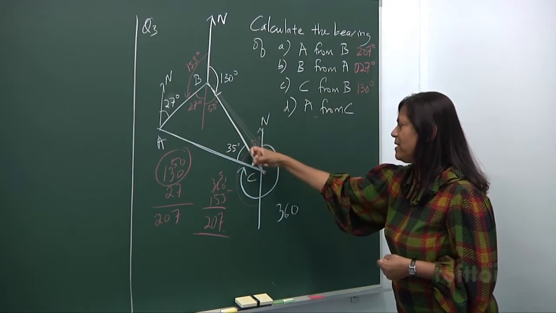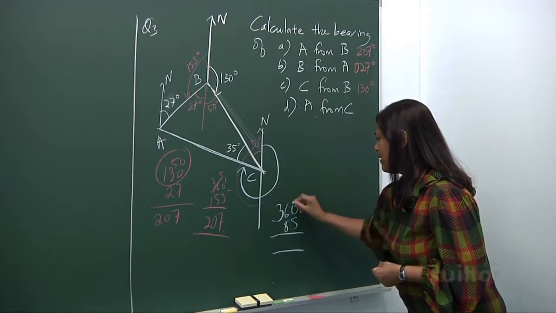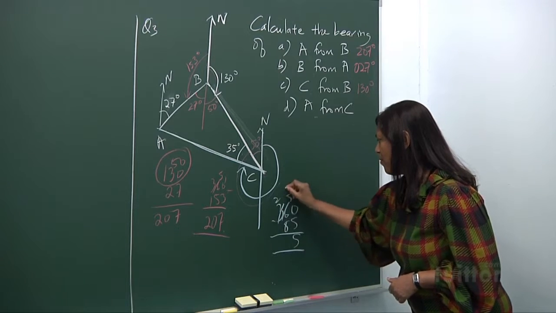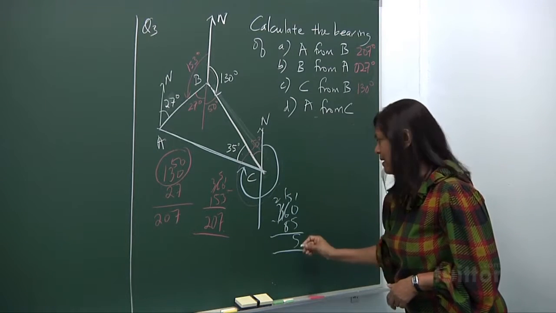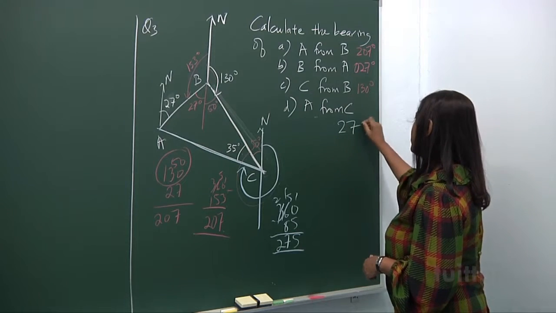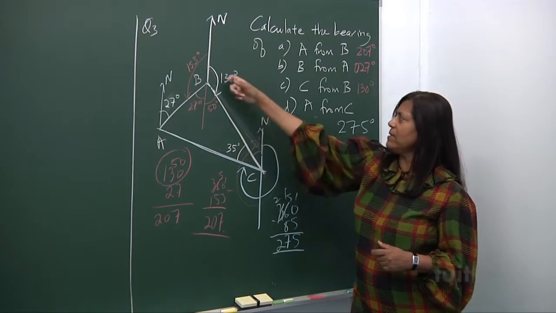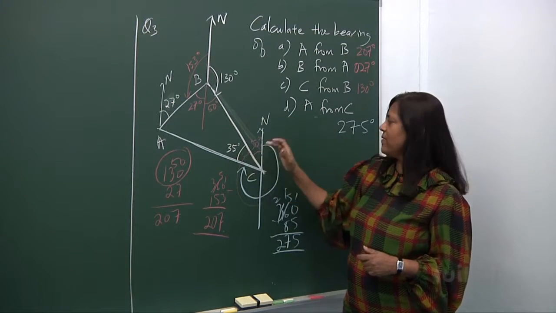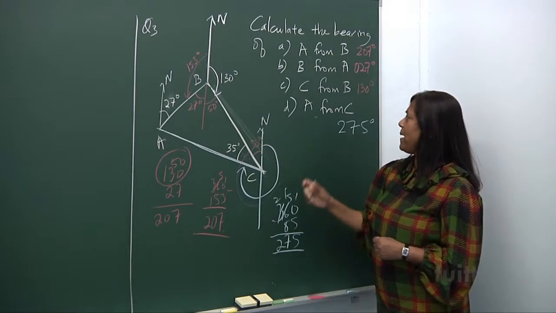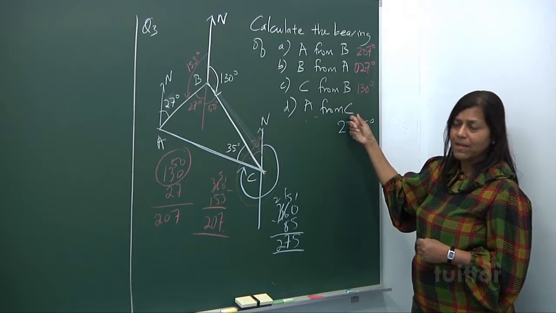You borrow, you get 5, borrow 15, take away 8 is 7. You get 275 degrees. I hope you know your 50, these two. 35 is given, 360, take away both of them, and you get the bearing of A from C.